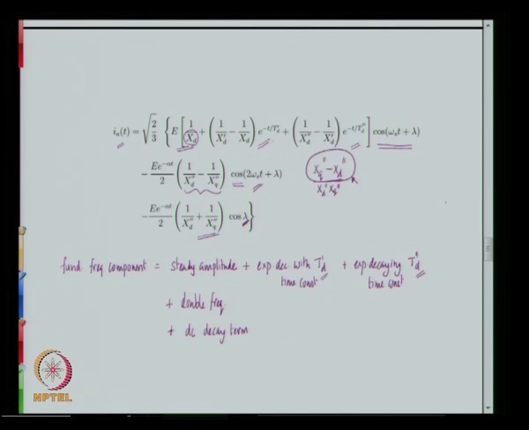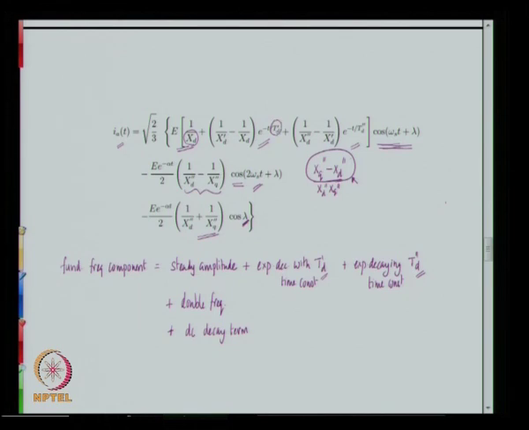And if we look at the decaying part of the waveform, there should be some region where, from the decay rate of the amplitude of the fundamental component of this Ia, it should be possible to estimate Td dash.